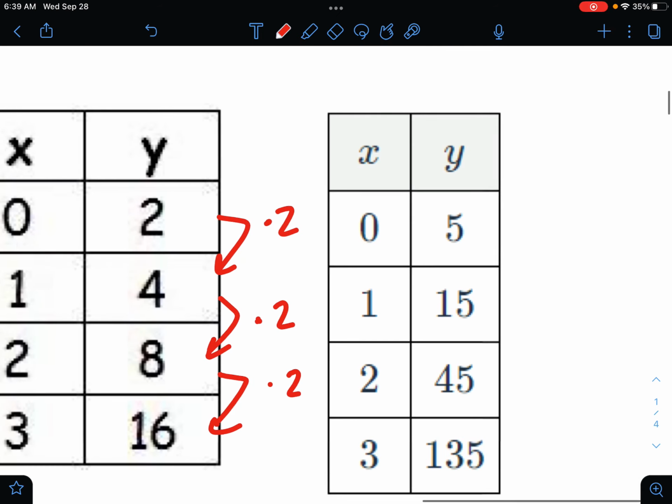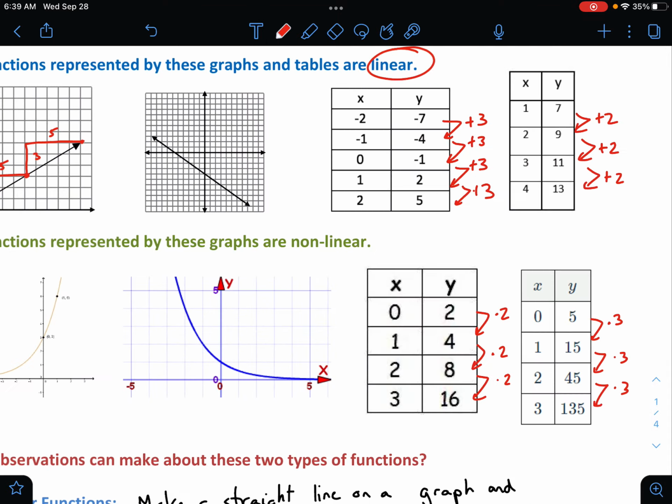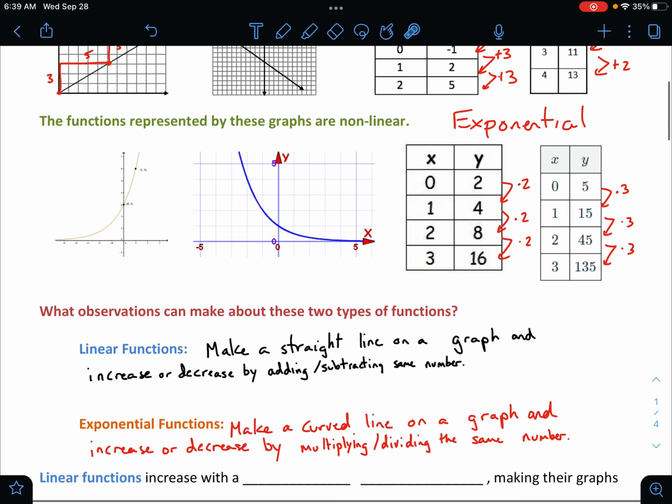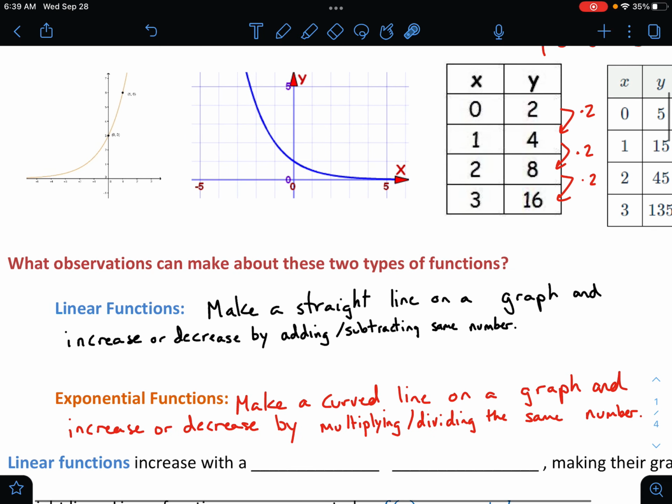And same thing here, 5 times 3 is 15, 15 times 3 gives me 45, and 45 times 3 gives me 135. So for it to be a linear graph, it needs to add and subtract. For it to be nonlinear, and specifically these ones are called exponential, it needs to multiply or divide.